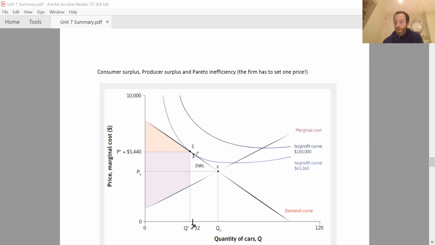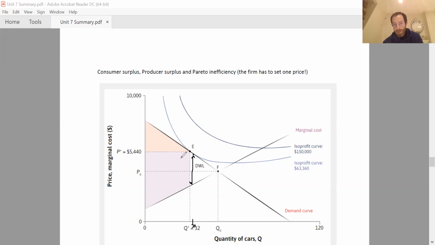But this also benefits the car firm, the supplier, because if they sell this 33rd car at this price, that price is well above marginal cost. So they're making a profit on that car. But this only works if they can sell that 33rd car at this lower price. In the rules that we have, they can't do that. If they want to sell the 33rd car, they would have to lower the price of every car that they've sold before.